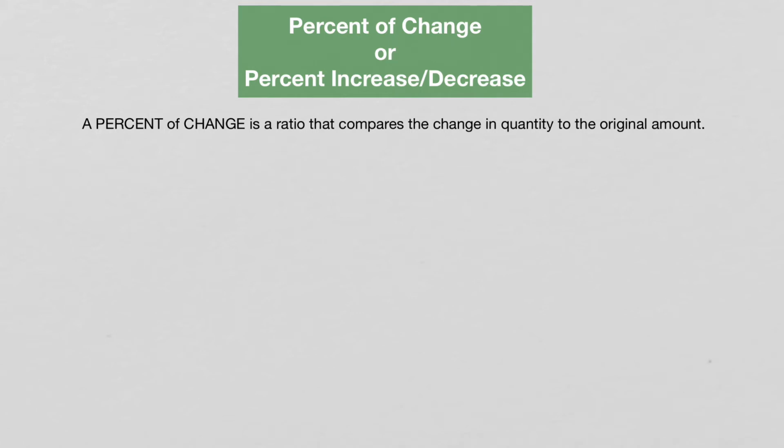Okay, so I'm going to underline a couple of phrases here. It is a ratio, and it's also a change in quantity relative to the original amount. Okay, so what does this mean?